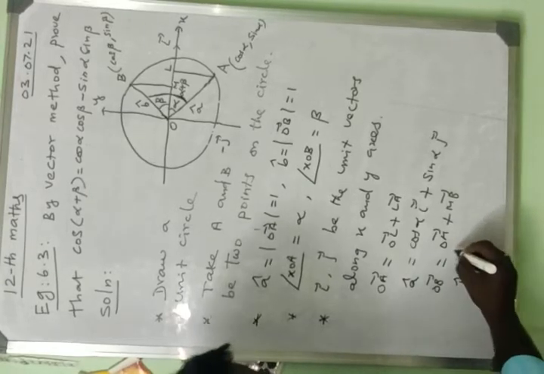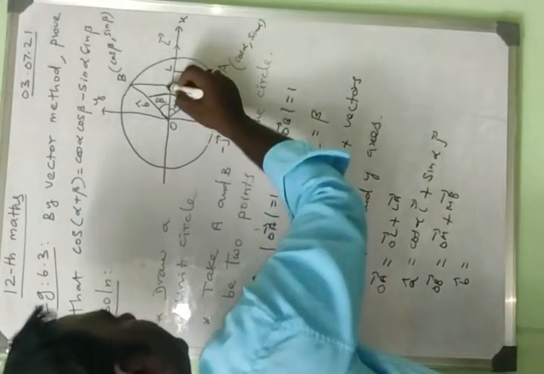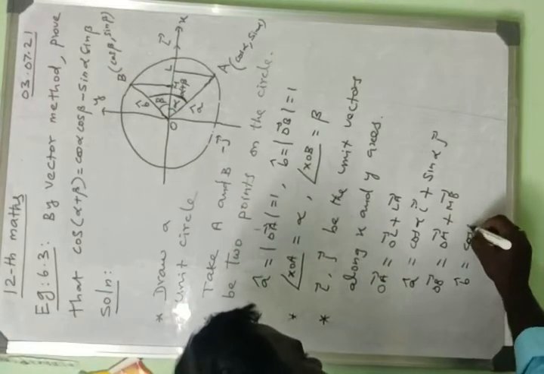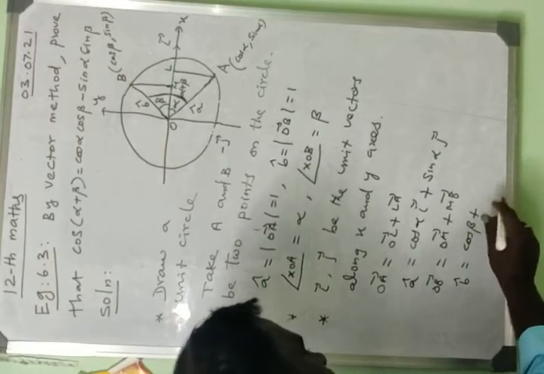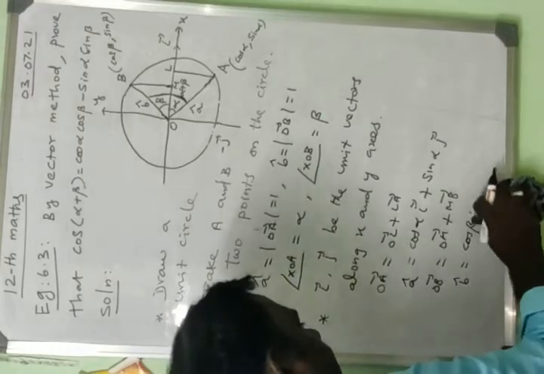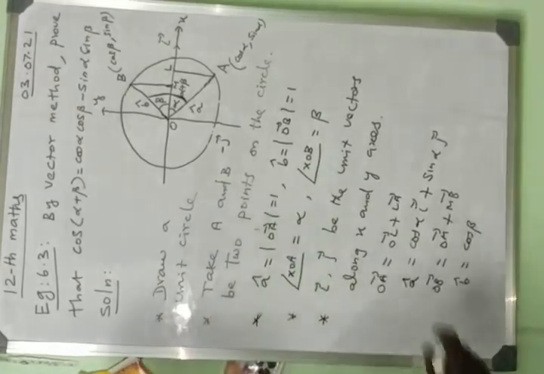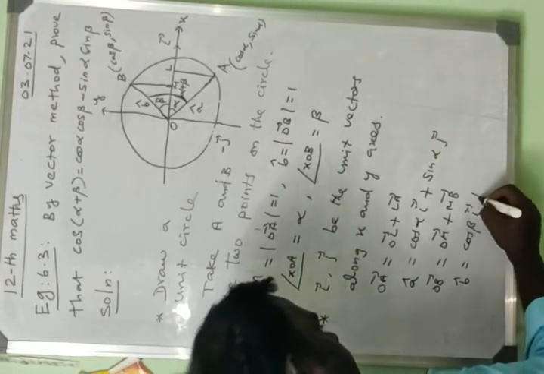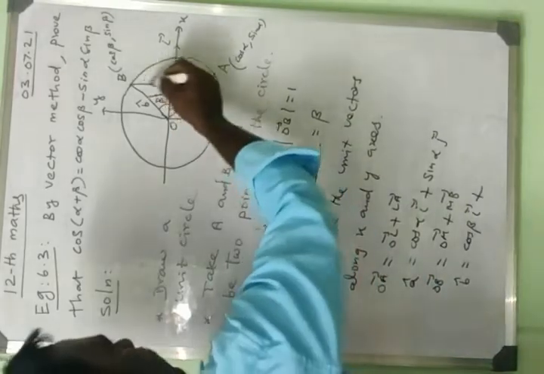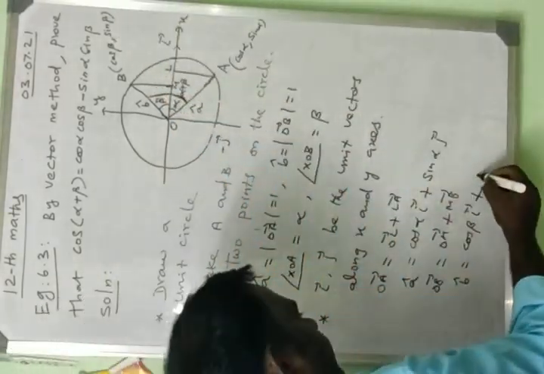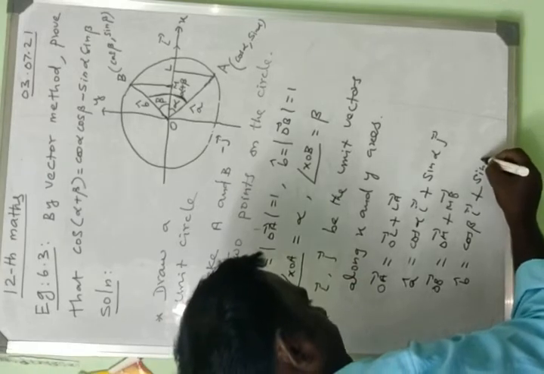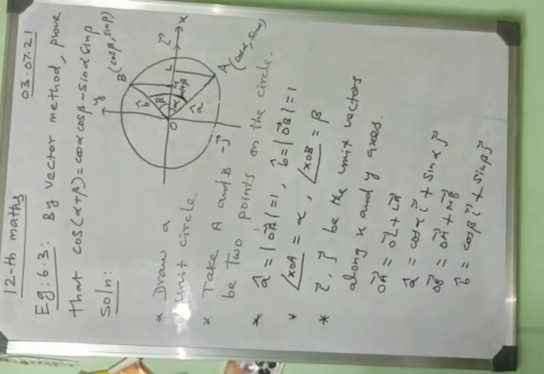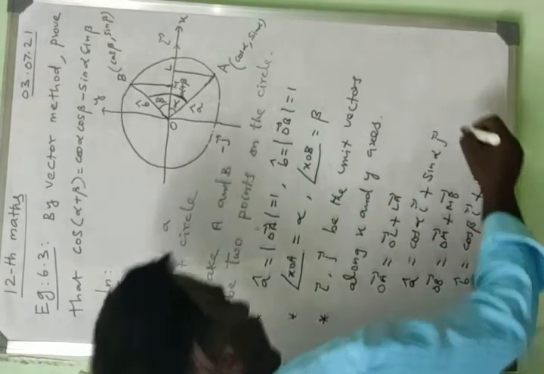Cap B equal to OM measure, cos beta, vector I, plus MB, whose measure is sin beta, vector J. This is equation number 1.